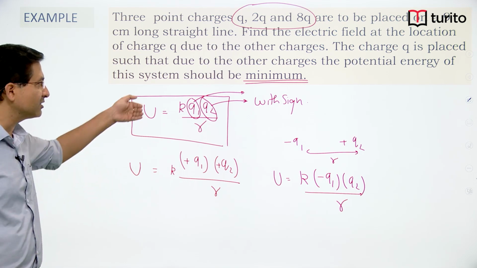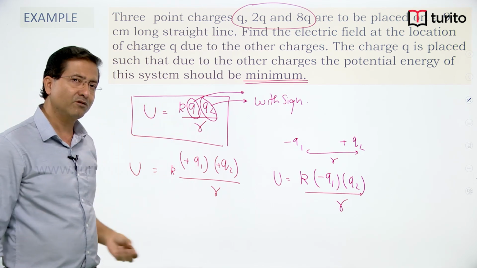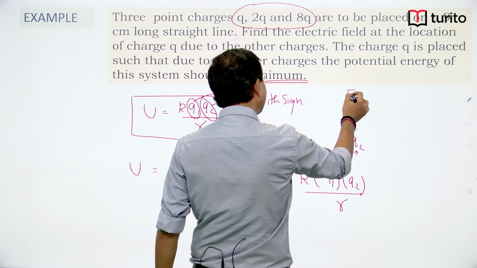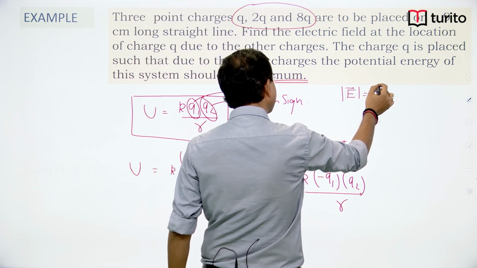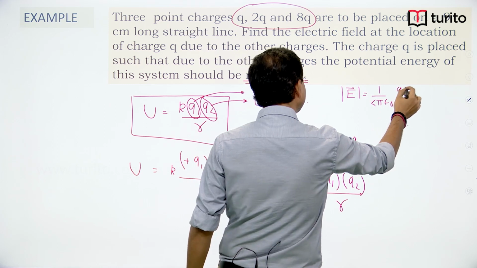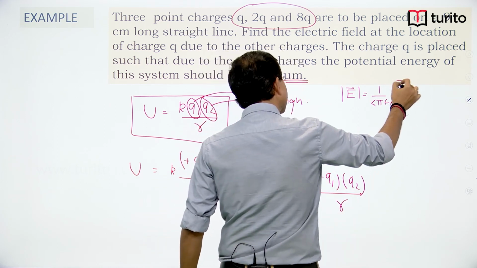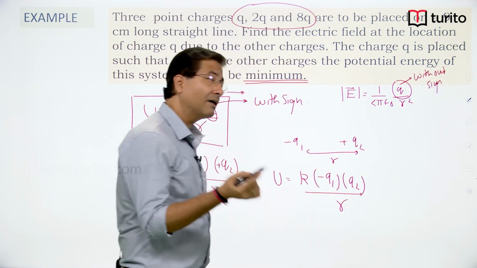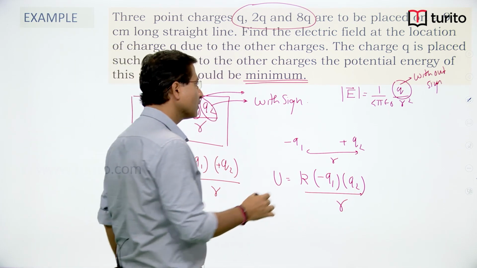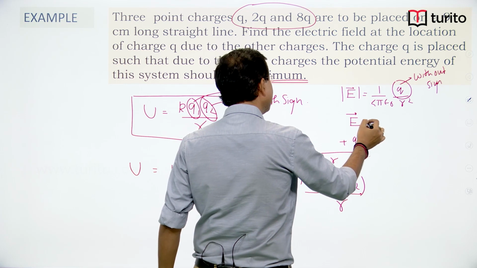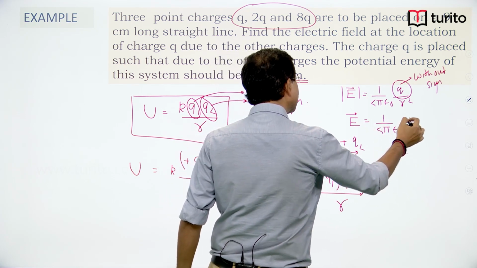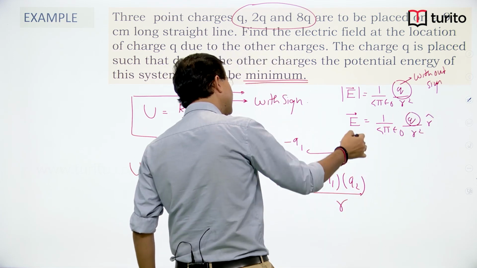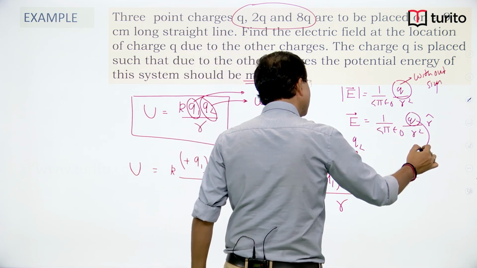So in the potential energy expression the charges are kept with sign, and I already told you that when you are writing the magnitude of electric field or force, 1 upon 4 pi epsilon naught Q divided by R square, this is without sign. But when you are writing the field in vector form, direction will be taken care of only if you write the charge with sign.